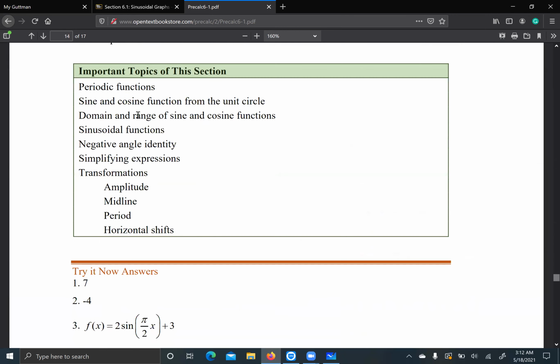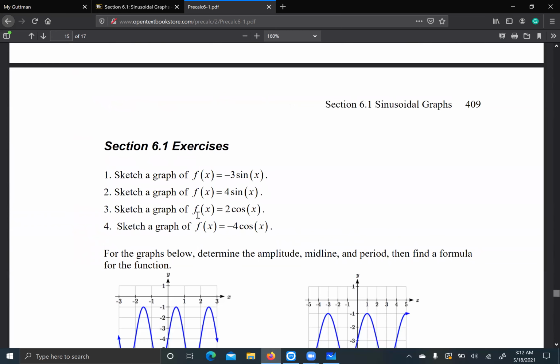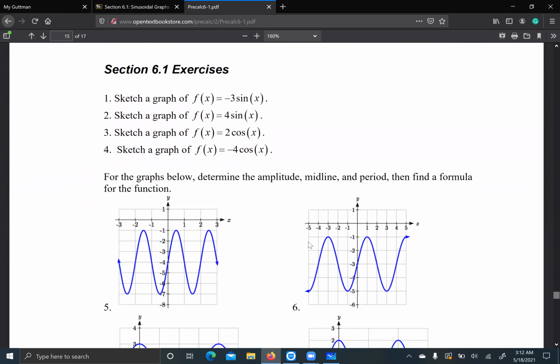As long as you understand periodic functions, are able to draw the graph of sine and cosine functions from the unit circle, understand the domain and range, sinusoidal graphs in general, the identities, negative angle identities, and also transformations. You should know what the amplitude, the midline, and the period are, and know about horizontal shift. So I think now you should be able to do the exercises of this section.